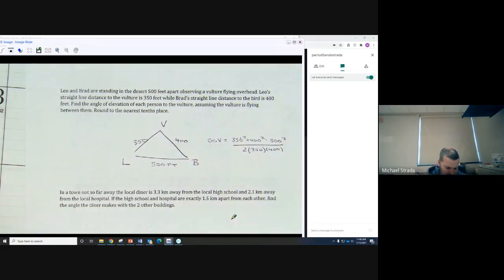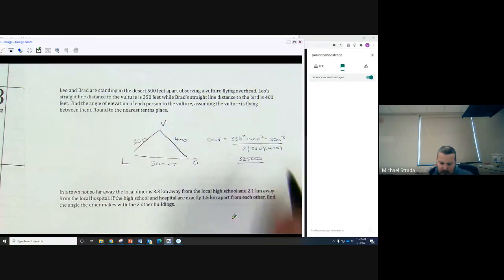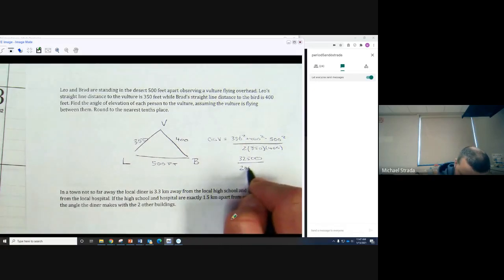350 squared plus 400 squared minus 500 squared, 32,500 for the numerator. 2 times 350 times 400, 280,000.